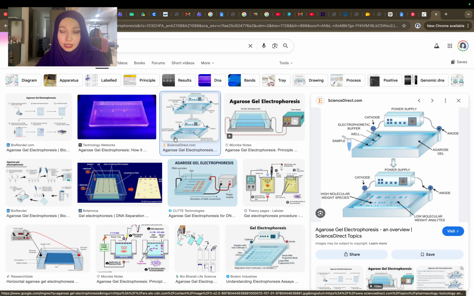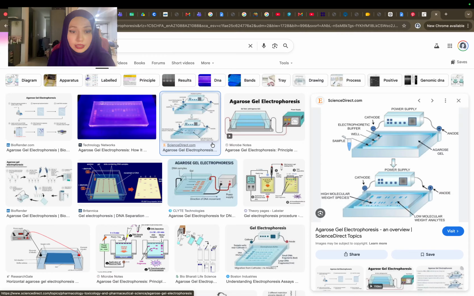And scientists can get to know the size of DNA, and the plasmid. So this is basically the purpose of gel electrophoresis.